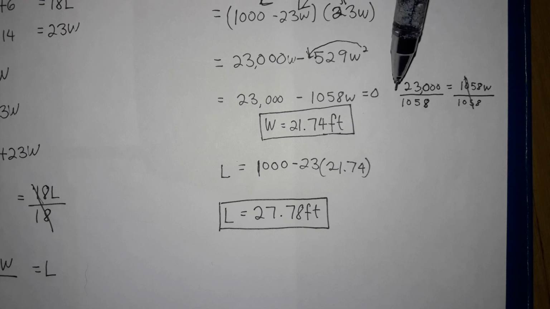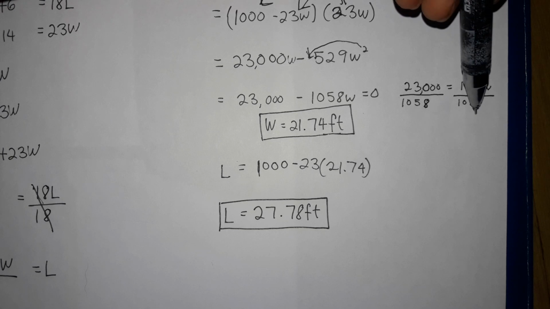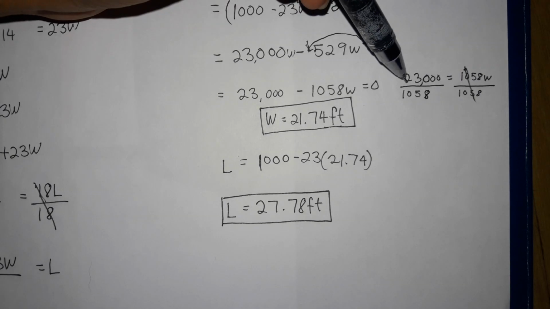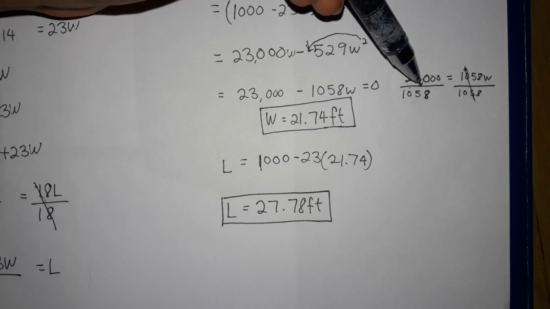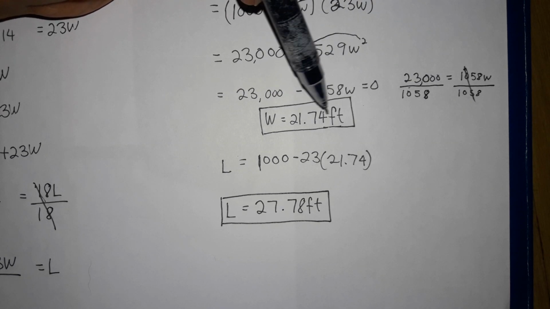Transpose the width to the other side, and then divide both sides by the width so that this would be cancelled, and then divide this. The result of this would be 21.74 feet.